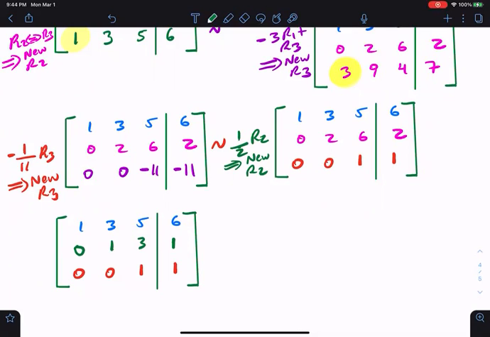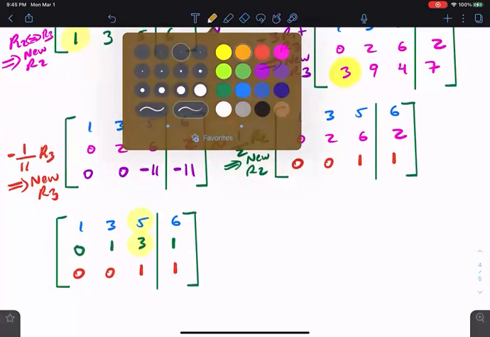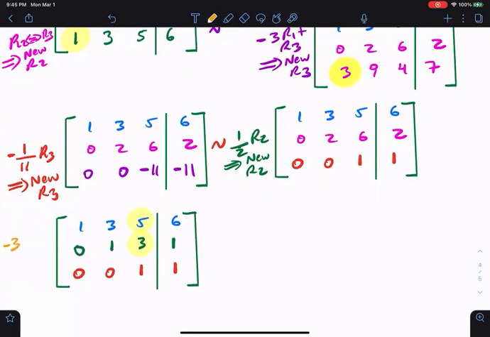So let's do the multi-step way that I was showing you before. I need to get the zeros there. So the first thing I'm going to do is try to get rid of those zeros above the 1 on the third row, right? So let's start with that. Negative 3, row 3 plus row 2 will give me new row 2.